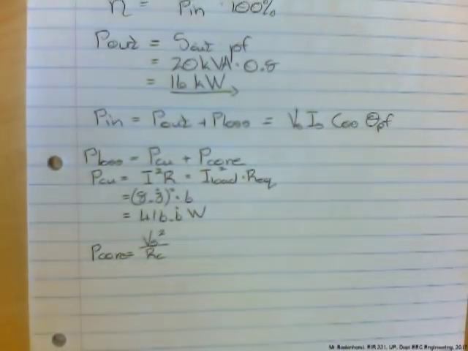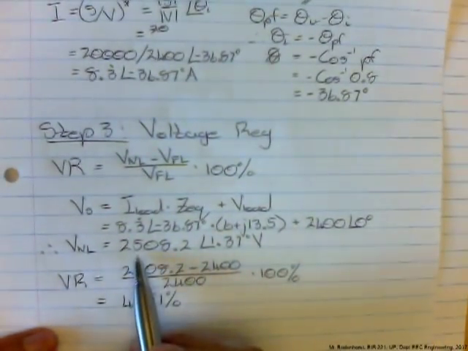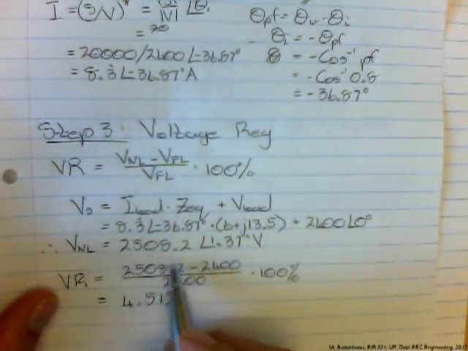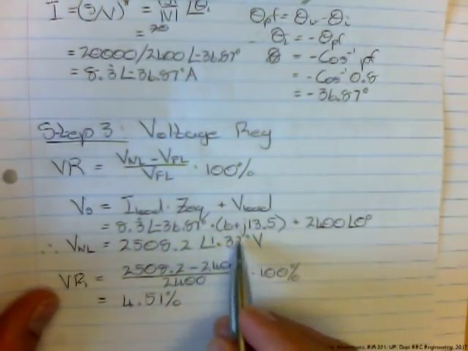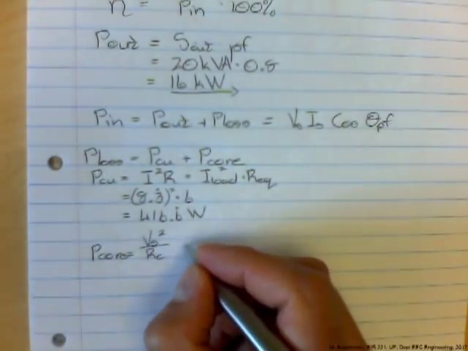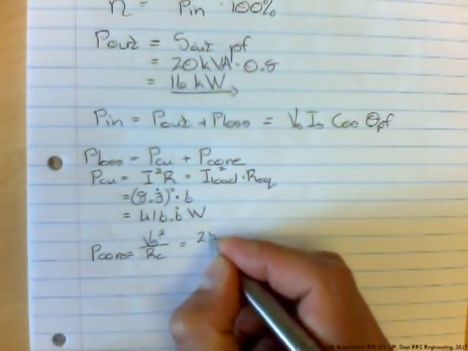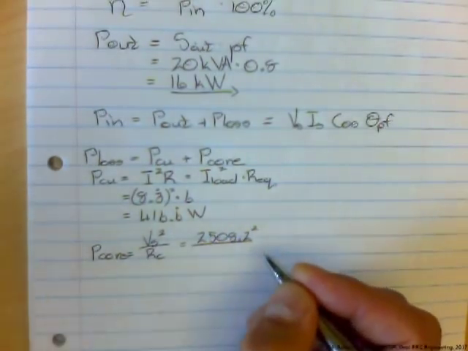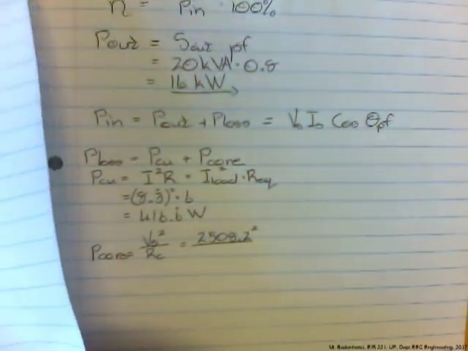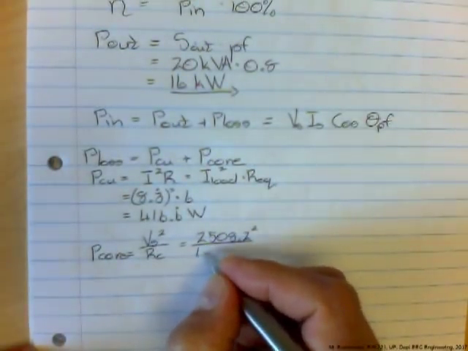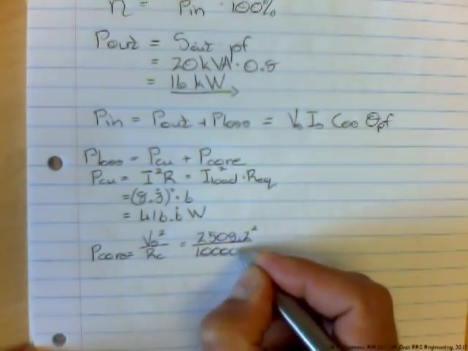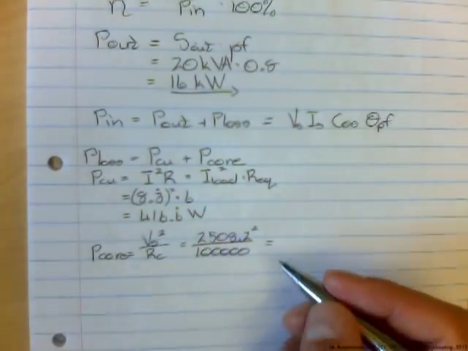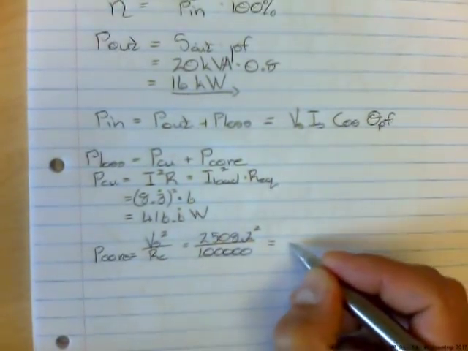We've already calculated Vs in the previous one. There we found that it was 2508 volts. So again, we are only looking for the magnitude. We never include an angle when we're calculating active power. So it's 2508.2 squared, and then the core resistance there was 100,000 ohms. That gives you not a very big one. Let's write it down.